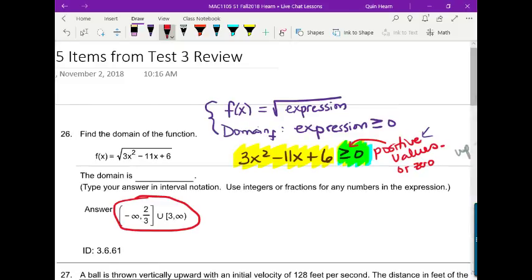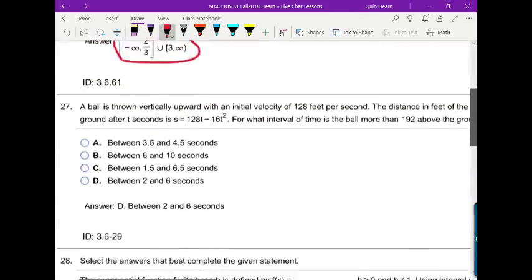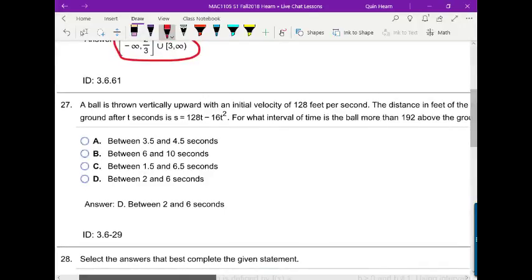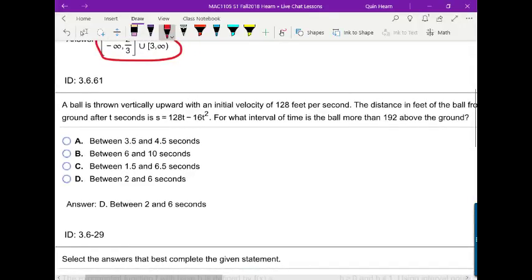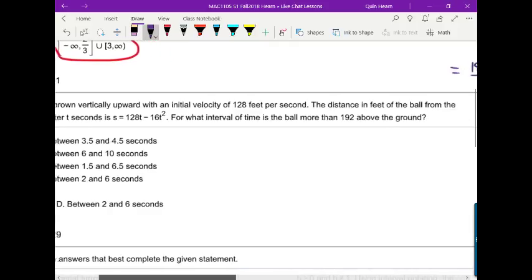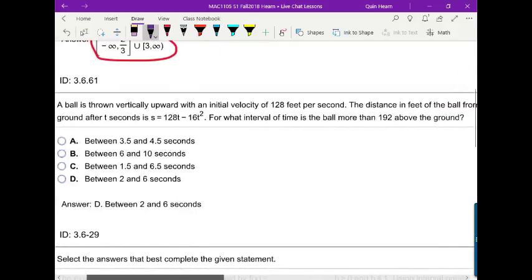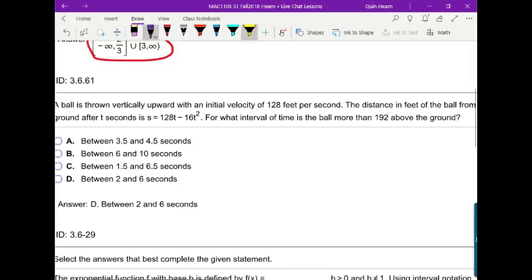All right, and then another one I wanted to practice was this one. It's an application again of something that we've seen, but we haven't actually done one like this in class. So let's take a look. It says a ball is thrown vertically upward with an initial velocity of 128 feet per second. The distance in feet of the ball from the ground after t seconds is given by s equals 128t minus 16t squared.